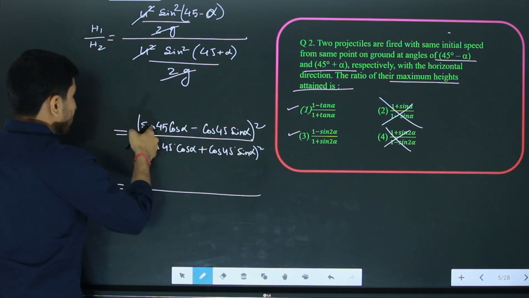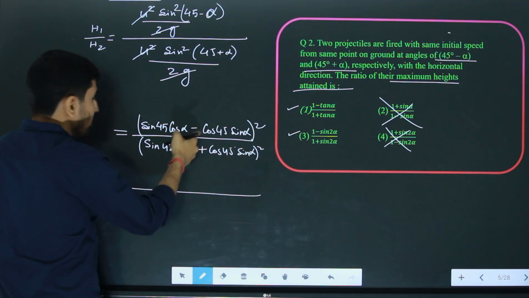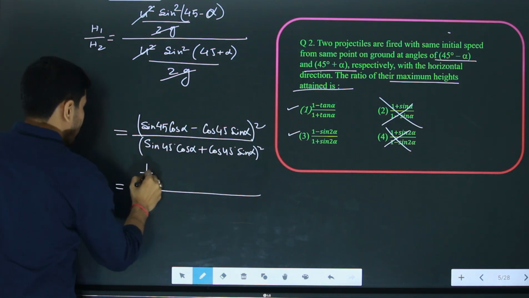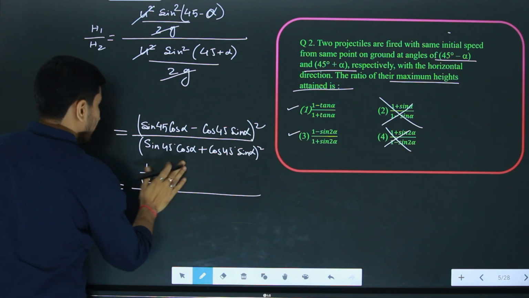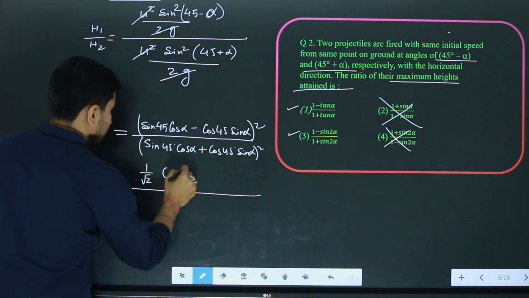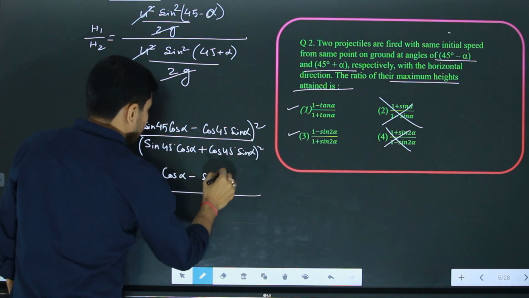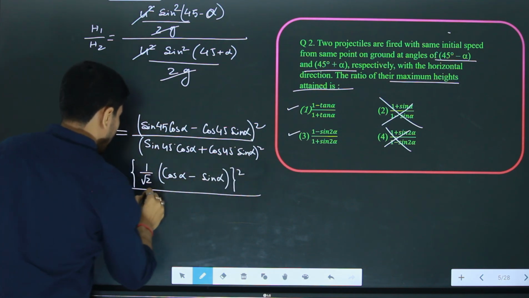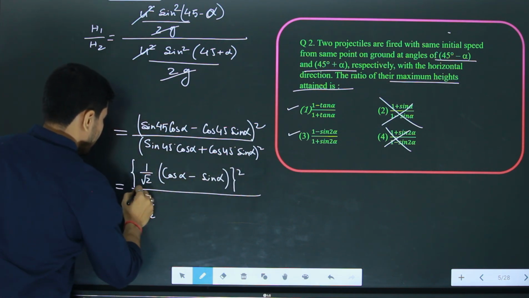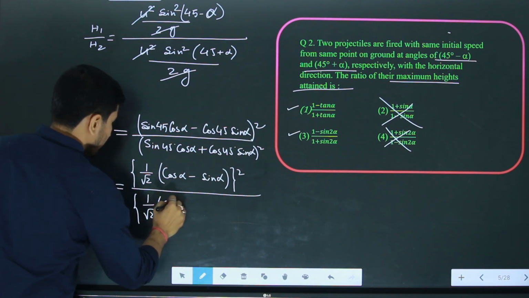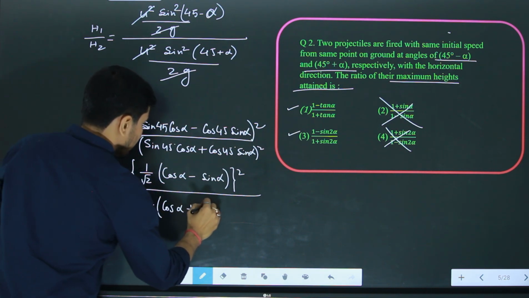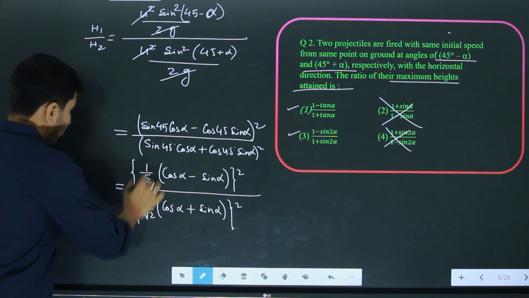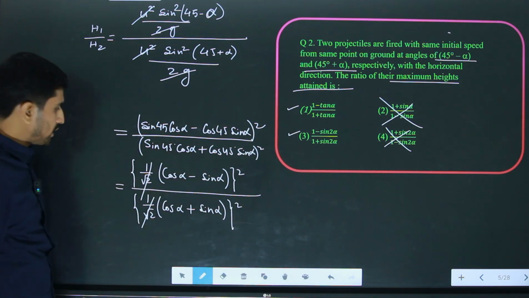Now cos 45 and sine 45 are both equal to 1 over square root of 2, so I can take it common. The numerator is square root of 2 times (cos alpha minus sine alpha), square. In the denominator, square root of 2 common, (cos alpha plus sine alpha), square. We can cancel the common square root of 2, right?